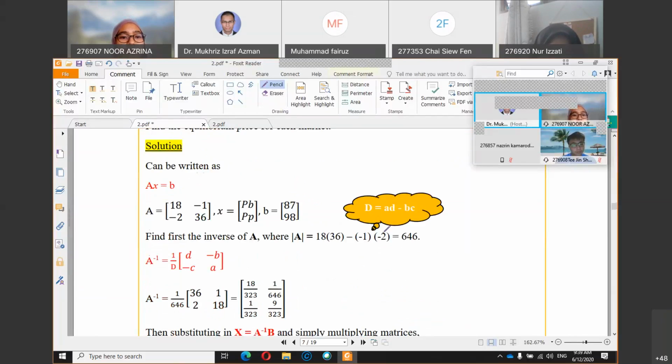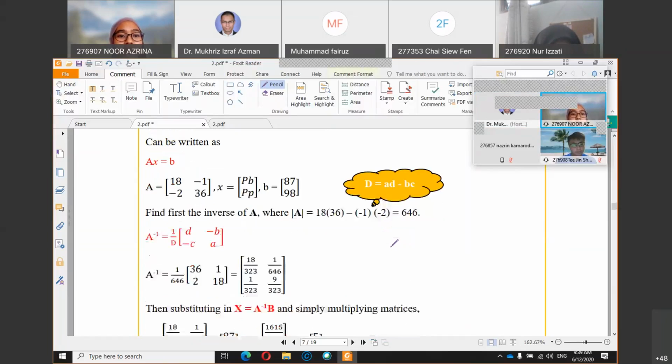Then we can find A to the power of -1, which equals 1 over D, in matrix D, -B, -C, and A.